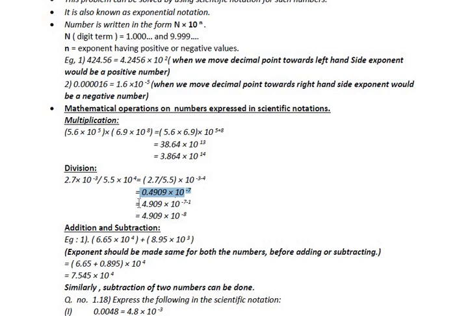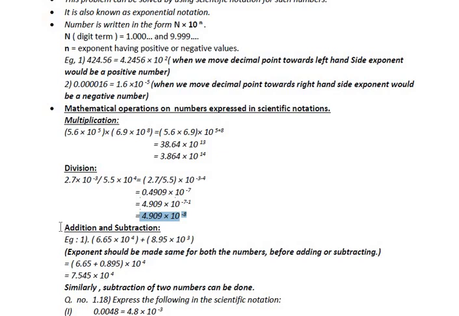So the answer would be 4.909 into 10 to the power minus 7 minus 1. The exponent becomes minus 7 minus 1, and the answer is 4.909 into 10 to the power minus 8. This is how we do the division of numbers in scientific notation.